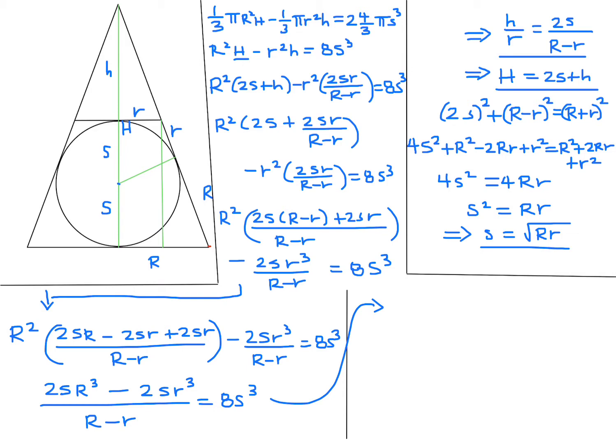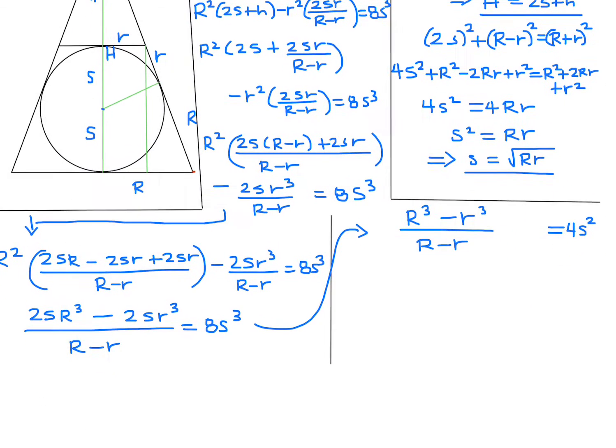We can cancel out quite a few things now. We can cancel a 2 from both sides, and we can cancel an s from both sides. So on the other side, we're just left with 4s squared, like that. And then this leaves us with just big R to the power of 3 minus r to the power of 3 all over R minus r.